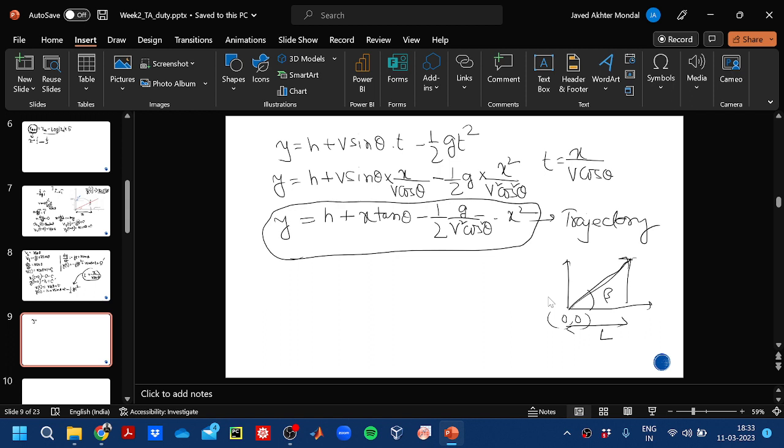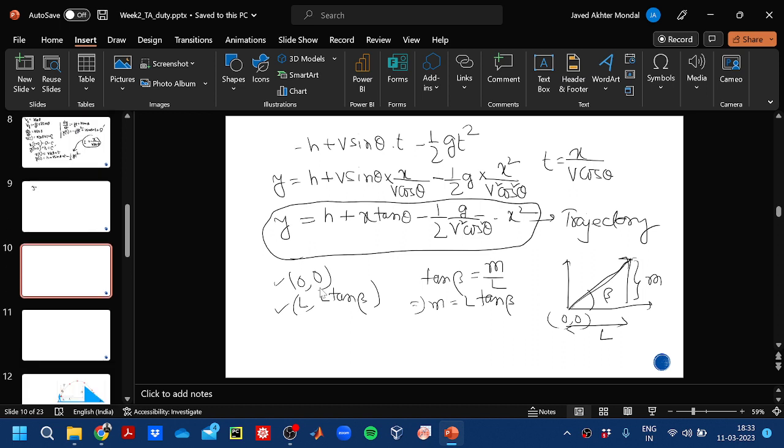So basically we can write from here that tan beta will be, if we denote this as m, tan beta will be m by L. So m will be L tan beta. So we have 2 points. One is 0 0 and another one is L tan beta. And as this is a straight line, what will be the equation of the straight line? If we know 2 points, from that we can calculate the equation of a straight line.